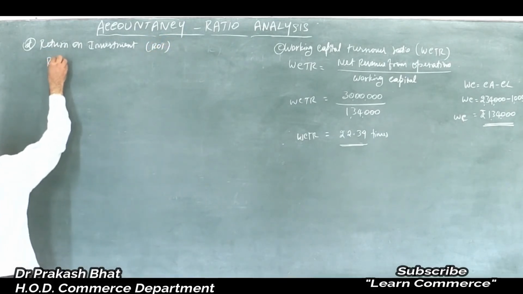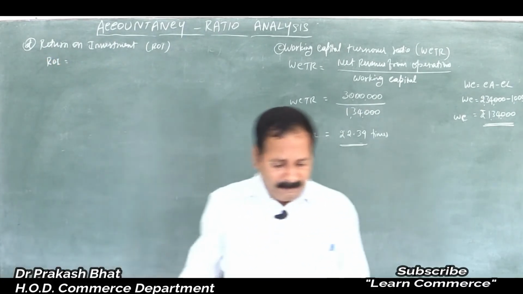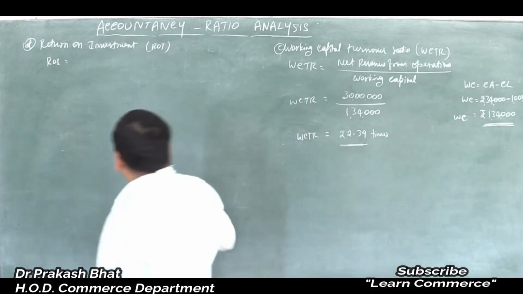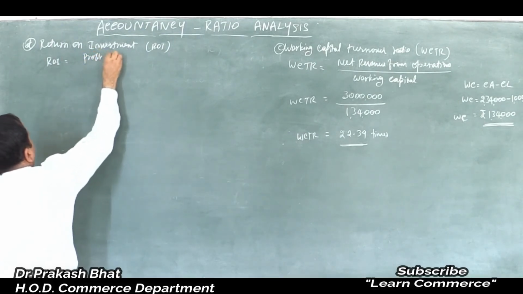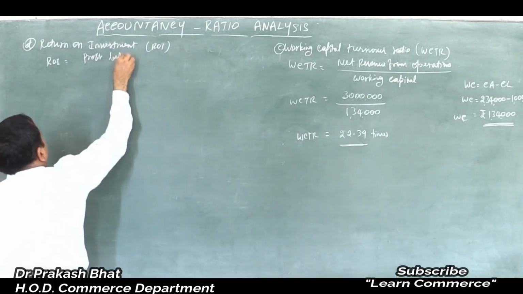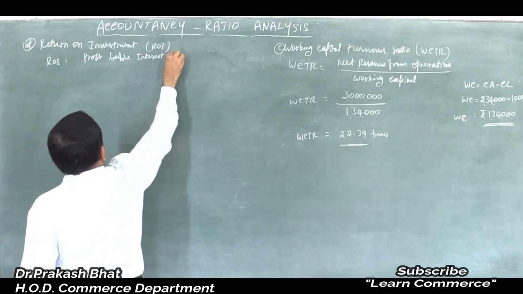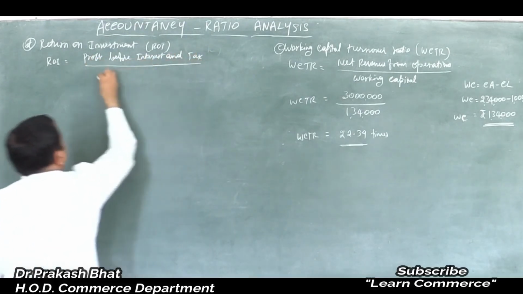ROI is equal to profit before interest and tax divided by capital employed.